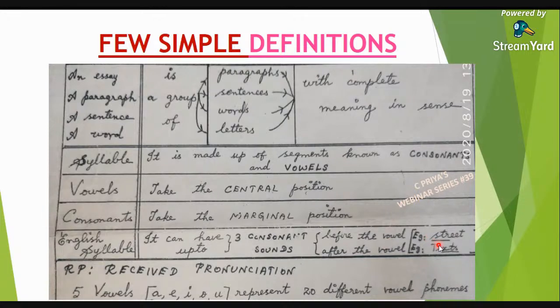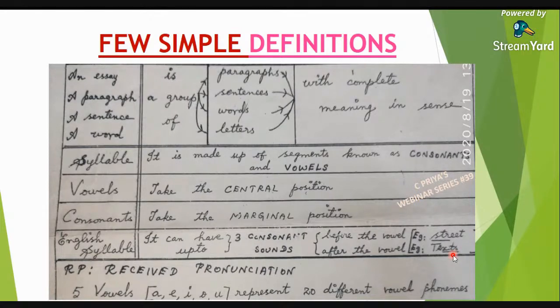The example word is street, or after the vowel, texts. See here, T, E, X, T, S. Here the vowel is in the second place. Next to the vowel sound E, we have three consonants continuously. So more than three consonants are not possible.